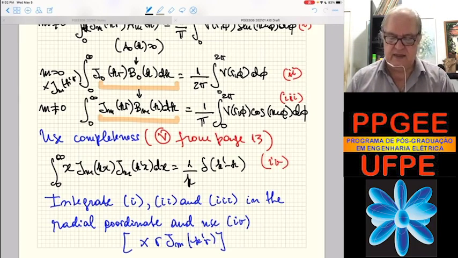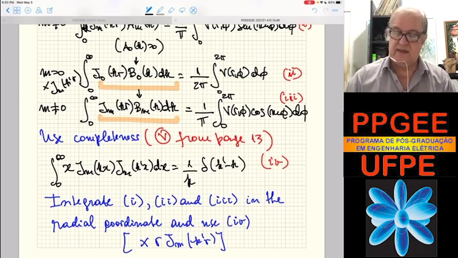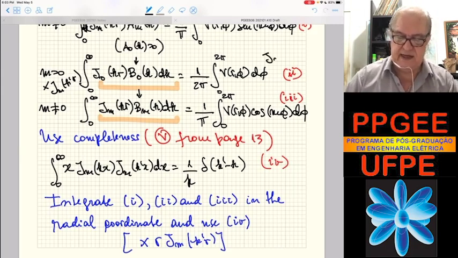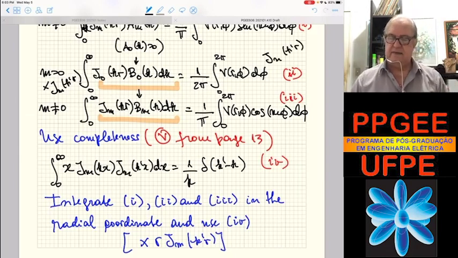And I'm going to integrate into the R space, so in both dimensions, right? I multiply both by J_m of k prime, and we integrate the radial coordinates.